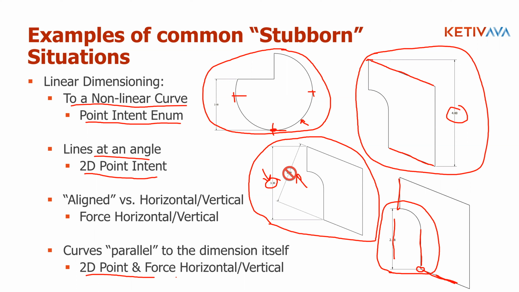This is a combination of things: a 2D point intent and forcing horizontal or vertical at the same time. Again, I'll show you more of an example of why you would need to do this. All right, so those are the stubborn situations we're going to go through, and I'll explain how to deal with them when we get into the example code.